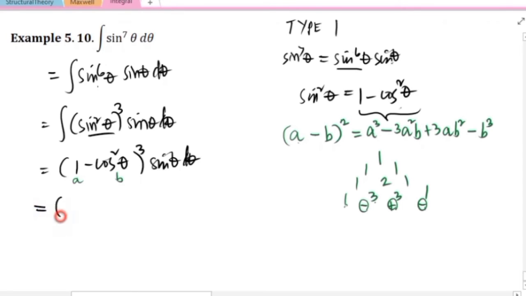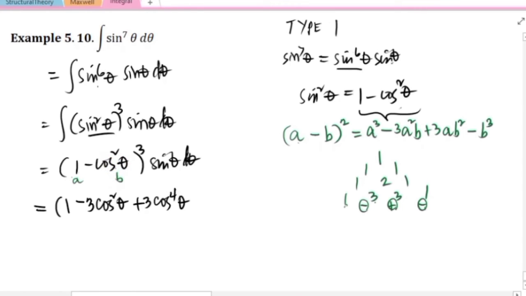So by binomial expansion, we would have 1, because 1 raised to 3 is 1, minus 3 a squared, so that's 1 multiplied by b, and your b is cosine squared, so it's cosine squared theta, plus 3 times a, so it's 1, and times b squared, so the square of b, since b natin ay cosine squared, ang square niyan ay cosine to the 4th, minus the cube of the second term.